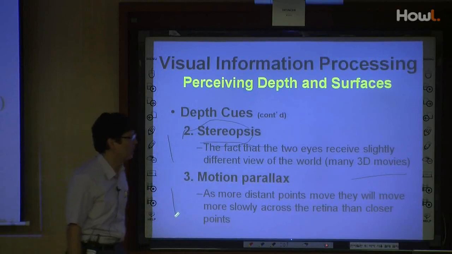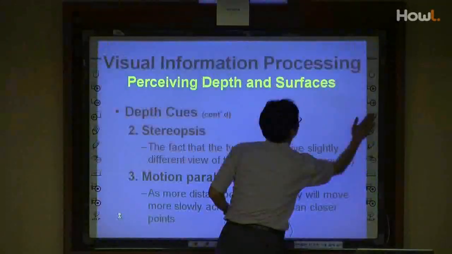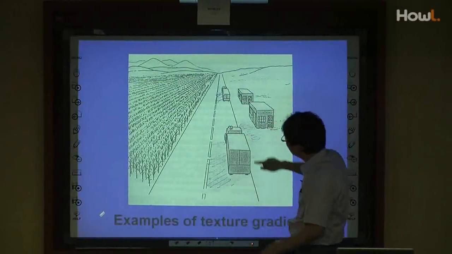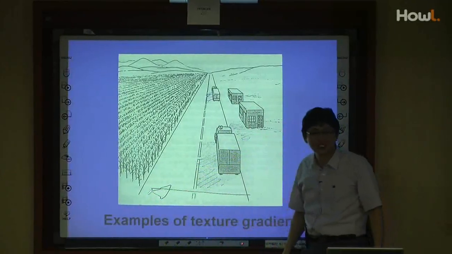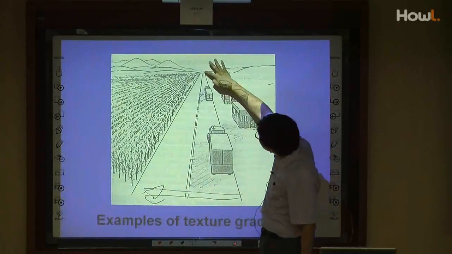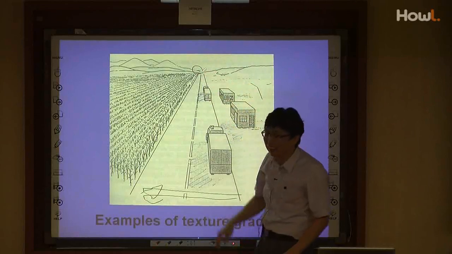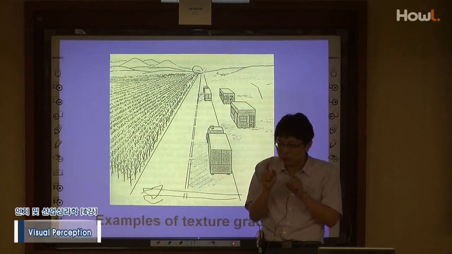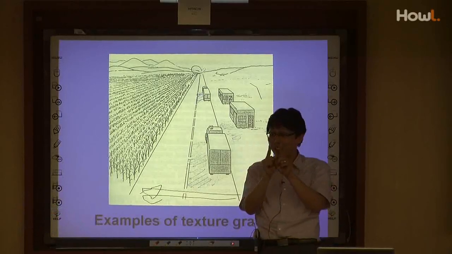And motion parallax is this one. In this big picture, if something is moving around, you can easily detect that it looks faster around in here. But when they are moving at the same speed, you cannot recognize much of their speed because the distance we actually see is very narrow.